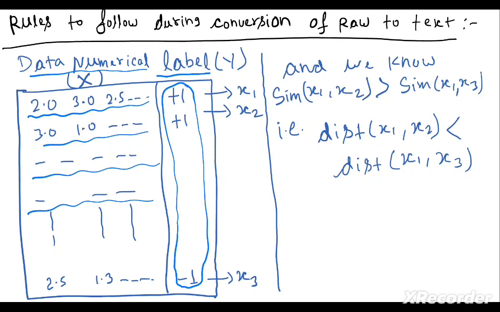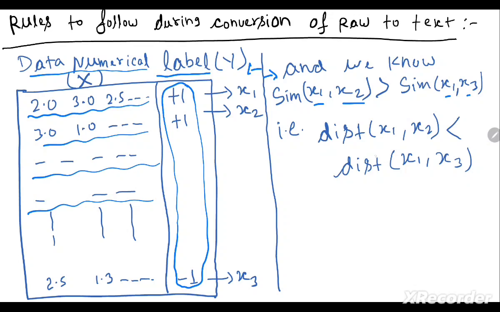So now, after having the numericals, consider this part as a different thing. During the conversion process, we take care that similarity of x1, x2 is greater than similarity of x1, x3, that is, distance of x1 comma x2 is less than distance of x1 comma x3.